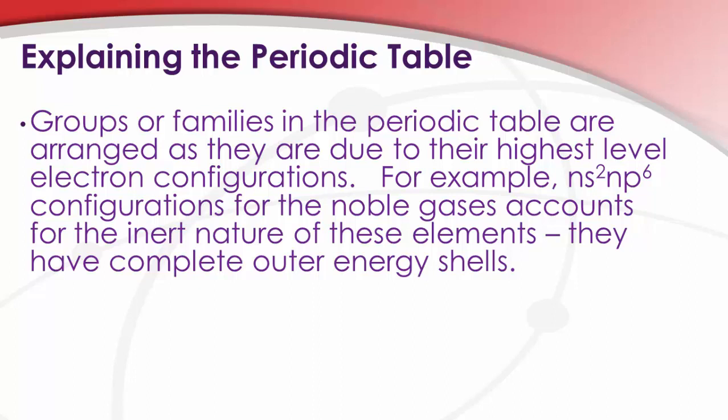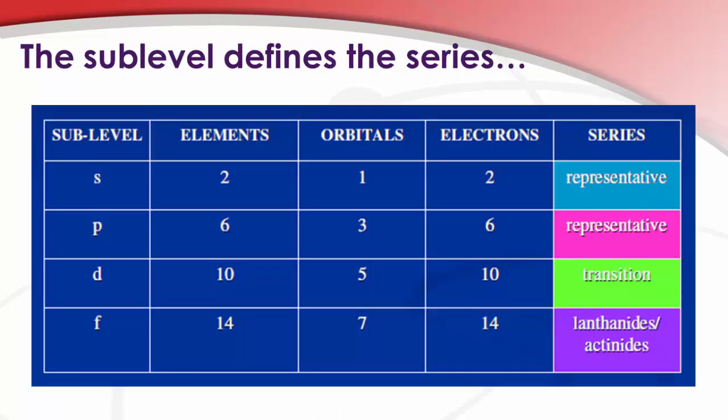They have complete outer energy shells. We can group other kinds of compounds similarly, on the basis of similarity of their outer shell electrons and which sublevel is involved in those outer shell electrons.